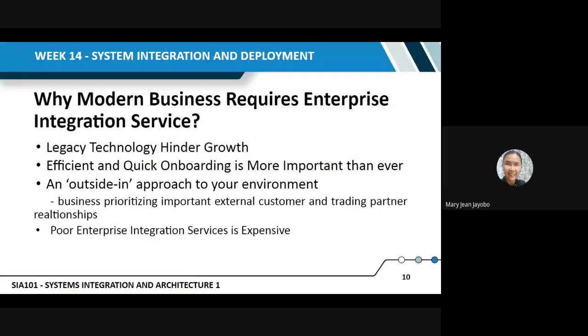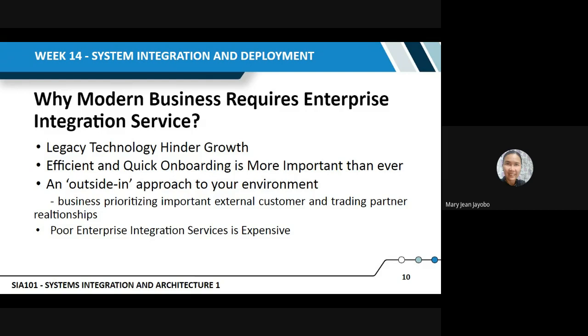Now, the problem, however, is that they are limiting their business growth when they continue to use legacy technology. Okay? They are limiting their business growth when they can easily embrace new technologies, such as cloud storage and data services. These are some of the new technologies, no? And SaaS applications and other business critical solutions. Okay. So, kung ang business ay hindi pa rin open for online transactions, online payment, okay, so they are using yung legacy technology, so it hinders the growth of the business.